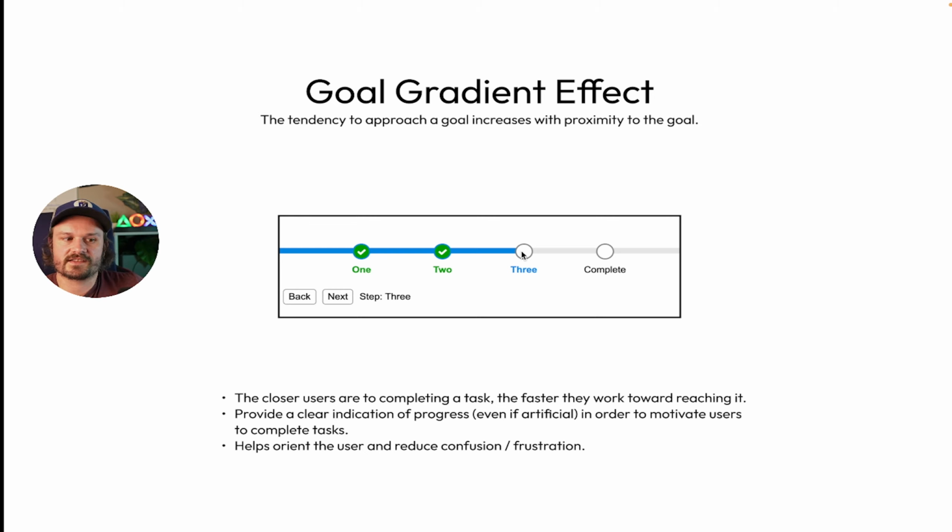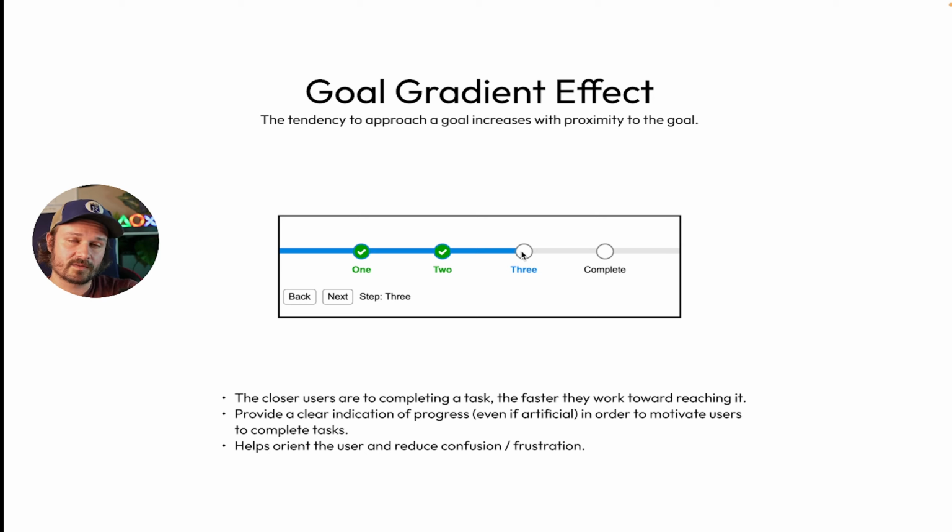Who knows how many steps follow this one, and I might just abandon the whole process, not knowing that the step I'm currently on, 3, is the last step. And so by informing users of where they are in the system, that's going to reduce confusion and frustration, and it's going to possibly lead to increased conversion rates by having the user be aware of how close they are to completing the task.